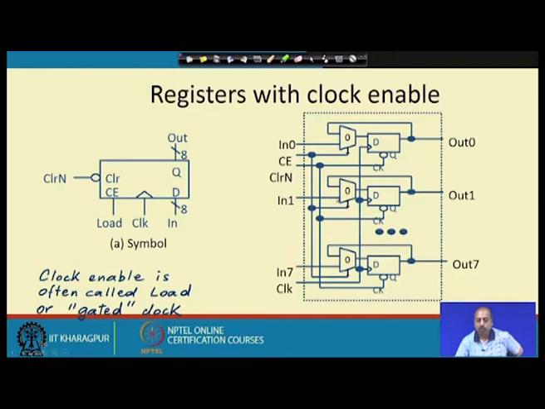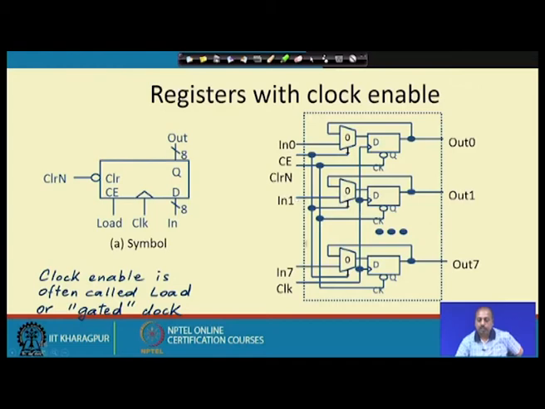Similarly, IN 1 will be coming onto this line and will be stored into this D flip flop. I am sorry, there is a shifting in these zeros and ones. This 0 is with this input and this 1 is with this input. They identify which input will be selected. If C equals 0, out 0 is selected; if C equals 1, in 0 is selected. Similarly, if C equals 0, out 1 is selected in this case, and in 1 is selected if C equals 1.